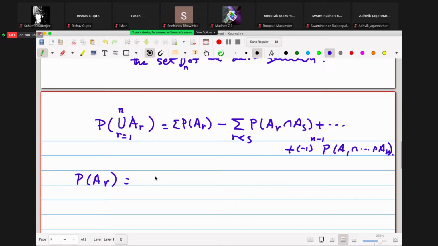So the total number of permutations is n factorial, and here n minus 1 factorial. Now, if you sum over r going from 1 to n, exactly n of them, so this is n times (n minus 1) factorial by n factorial.